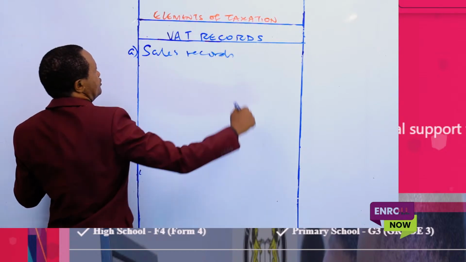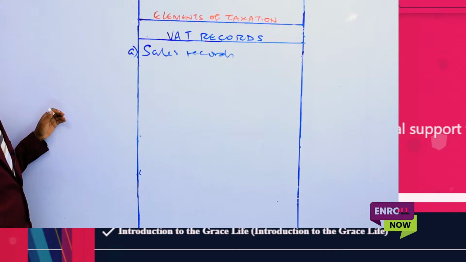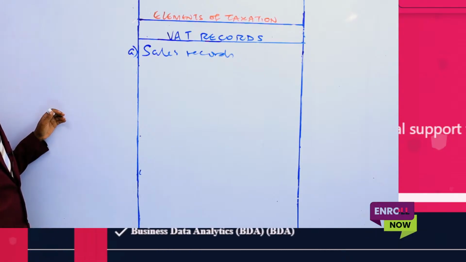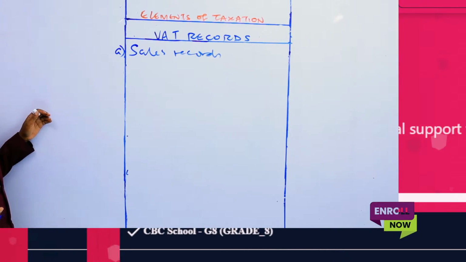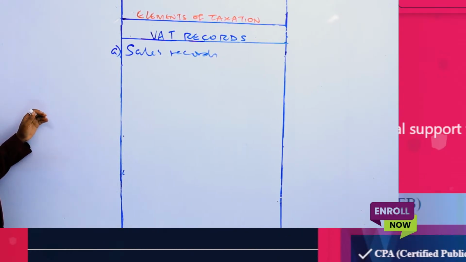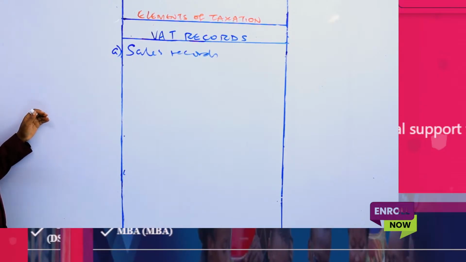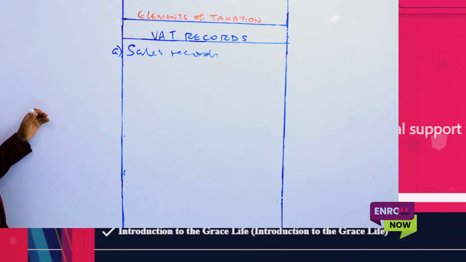Sales records. Registered VAT persons are required to maintain sales records, and that involves copies of all e-TIMS generated tax invoices and simplified tax invoices, which are cash sales or receipts that are issued.